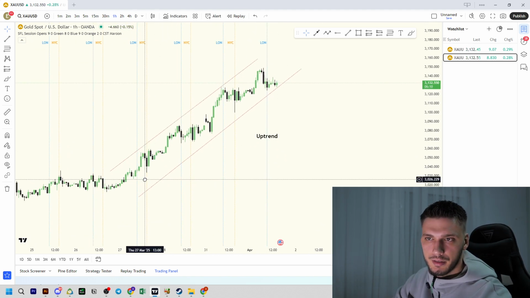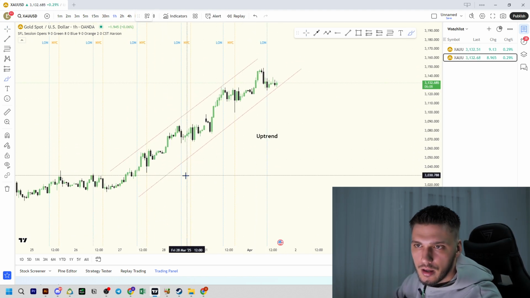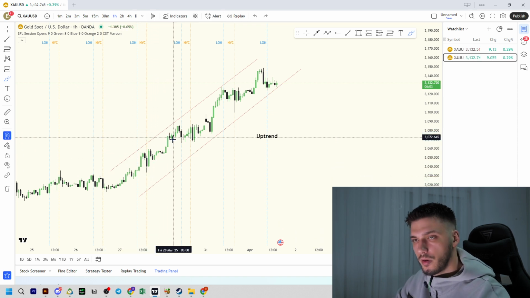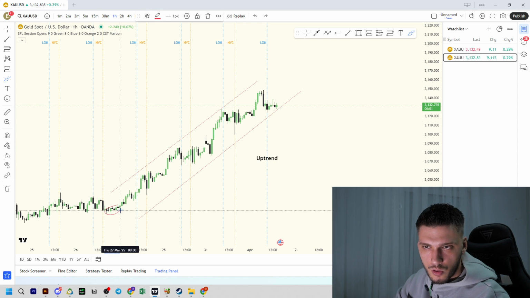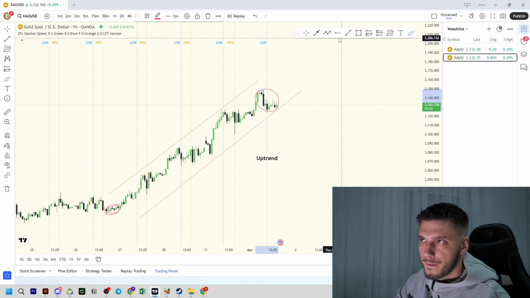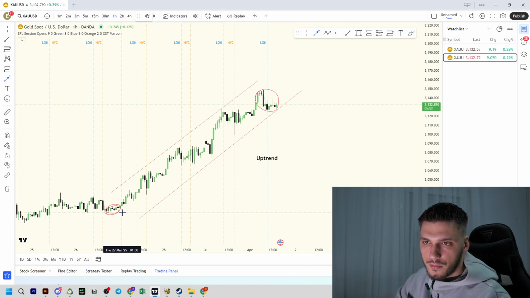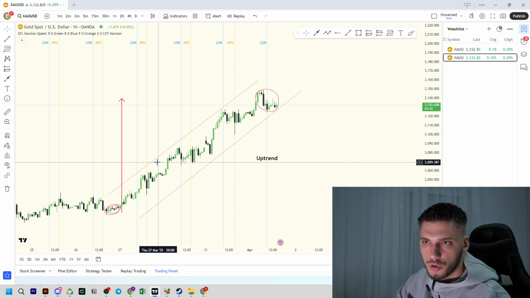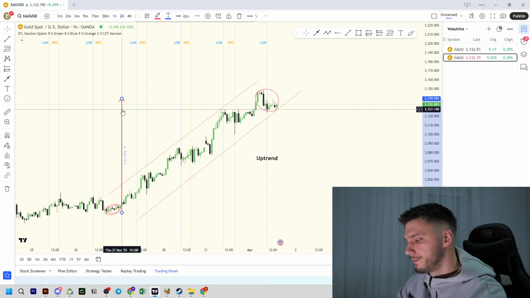You have identified an uptrend. Why? Because the move up is always bigger than the move down, and also price was here and then went all the way up here, which means price moved higher.